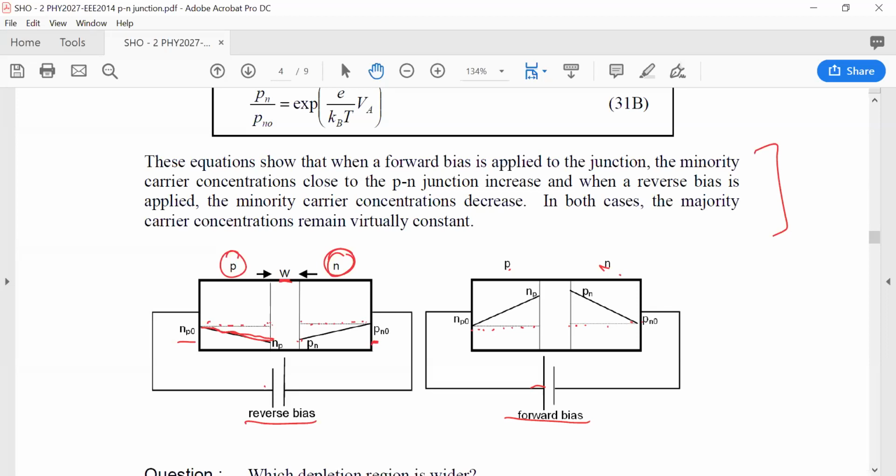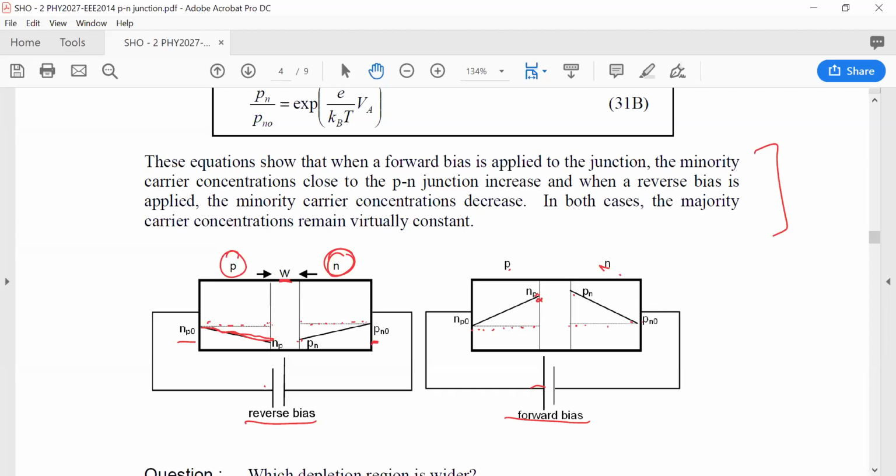But when we apply a forward bias, we are increasing the number at the junction. So that's why it's gone up, and we now call it N subscript P. There's no 0 because a bias is applied. Same for the N side, we now call it P subscript N.